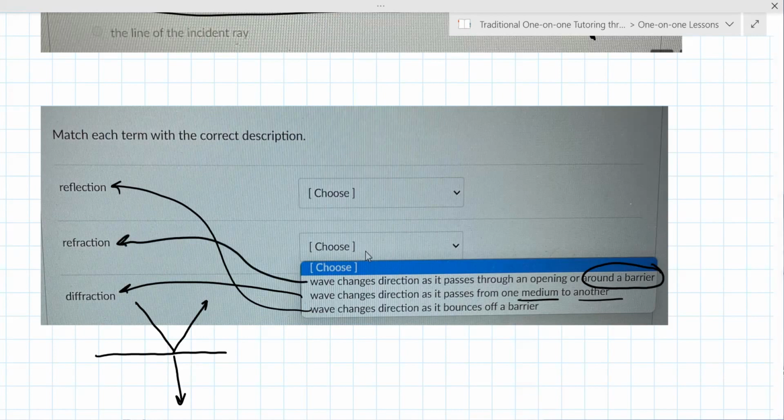Okay. Those are just definitions. These sketches show 2 waves about to meet, the correct outcome. Okay. Let's do these one at a time.